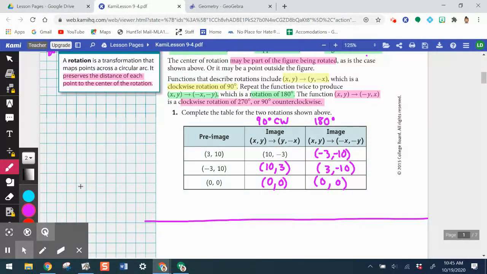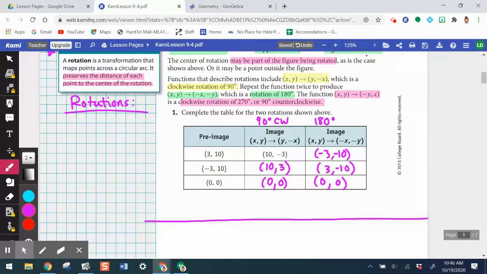So before we just blow through these functions, because they're just written for us, I'd like to take a second to really explain how to interpret and understand these functions a little bit better. So when we're talking about rotations, we see these three main functions here, the one for the 90 degrees clockwise, 180 degrees, and 270 clockwise.